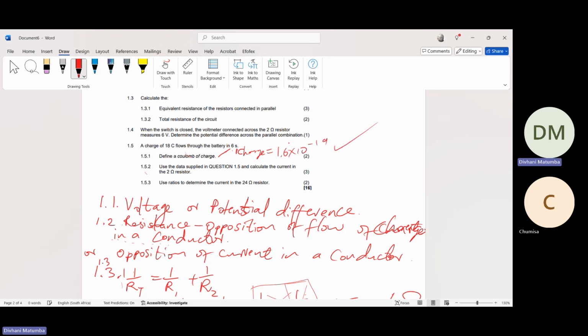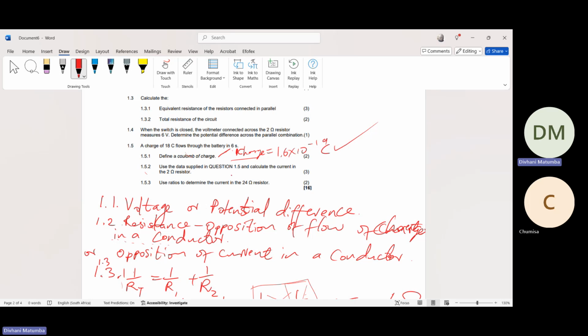I could just write that. That's 1 charge. Coulombs, you agree? Yes, sir. Charge quantization, same thing. Now use the data supplied in 1.5 and calculate the current in the 2 ohm resistance.